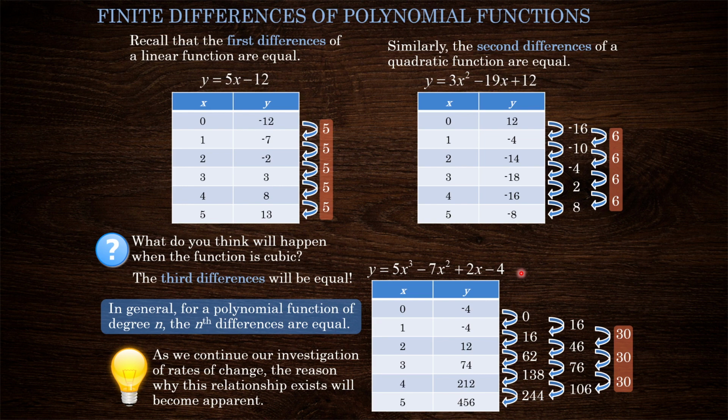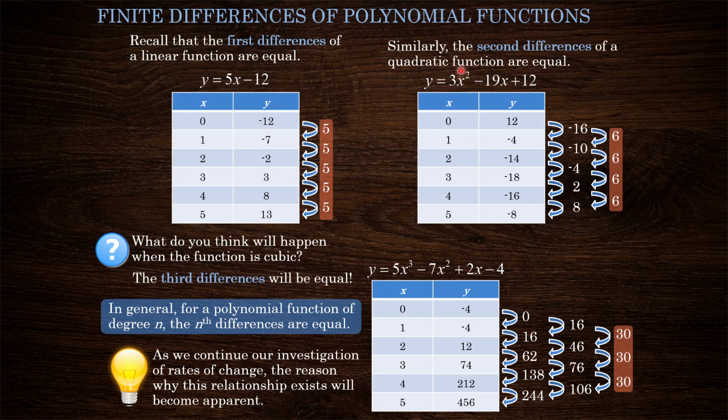And the answer is we actually can. And I'll give you a hint. I won't tell you how to do it, but you're going to want to look at the degree of the polynomial and the leading coefficient. So I'm claiming that by looking at this 3 here, which is our degree, and our leading coefficient of 5, we could predict that the third differences would all be 30 for this function.